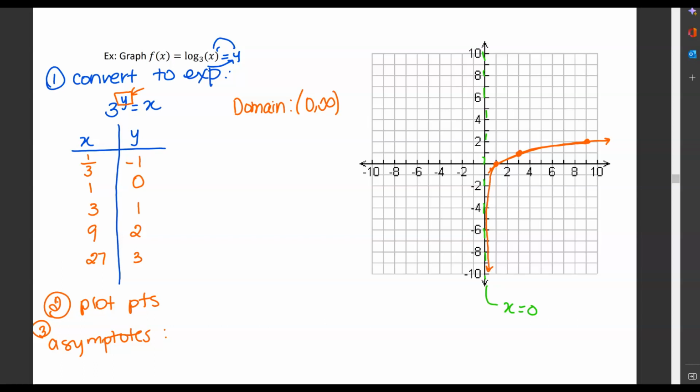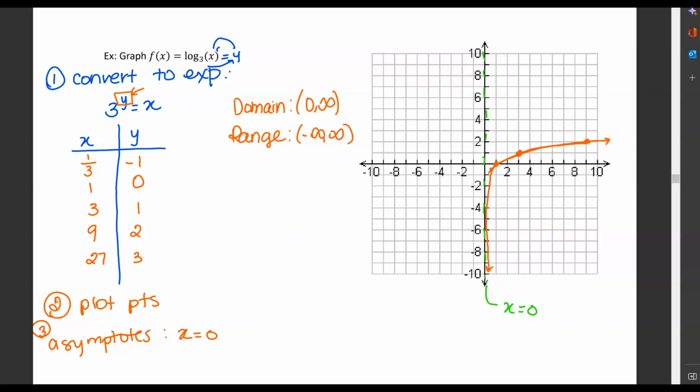That's not true for everybody, but for a lot of people, they can see the exponential and the logarithmic function on their hands. All right, so our asymptote here is going to be at x equals 0, and we can see that for the domain, we're going to go from 0 to infinity. For the range, we will be seeing negative infinity to infinity.